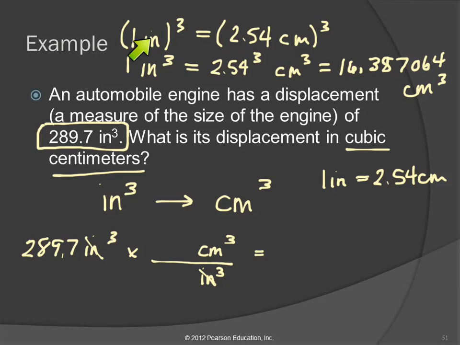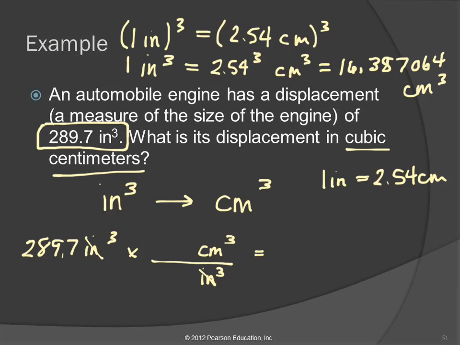This relationship is exact, but if I round this off to 16, it's not going to be exact anymore, and that's going to limit my answer, the sig figs. So my answer is going to have 4 significant figures. I definitely don't want to go fewer than 4. We should keep at least 2 extras to avoid rounding problems, or use the whole thing.